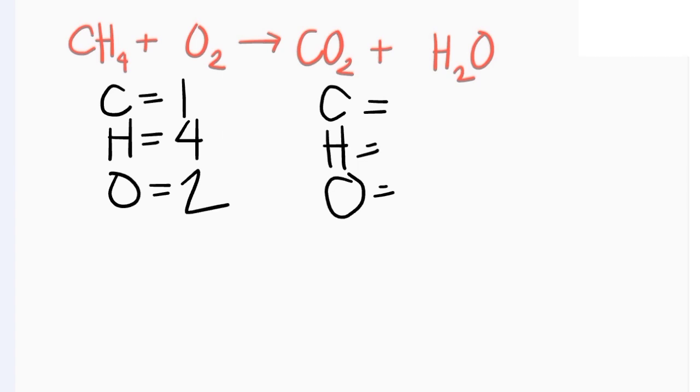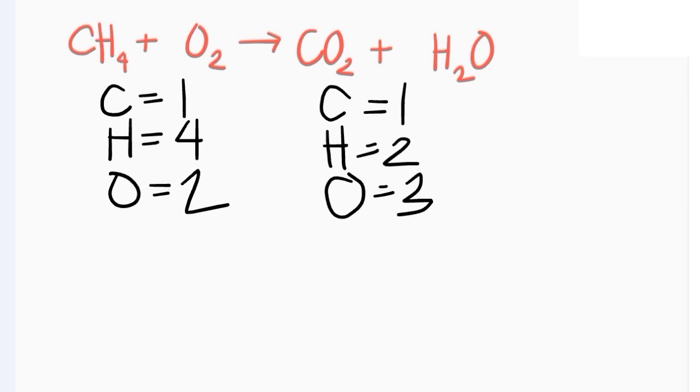On the product side, how many carbon atoms do we have? We have 1. How many hydrogen atoms? We have 2, right? How many oxygen atoms? We have 2 here on carbon dioxide, and we have 1 here on water. So, 1 plus 2, we have 3 oxygen atoms.